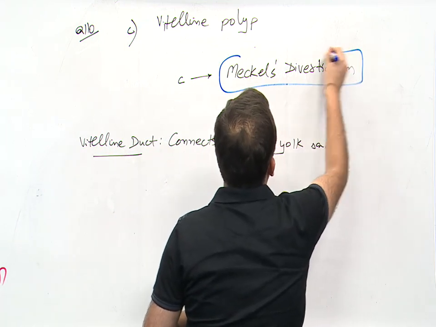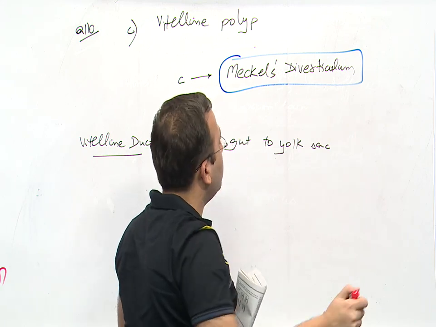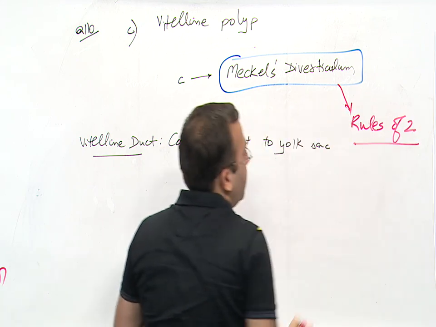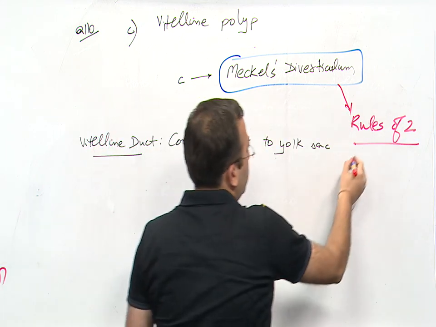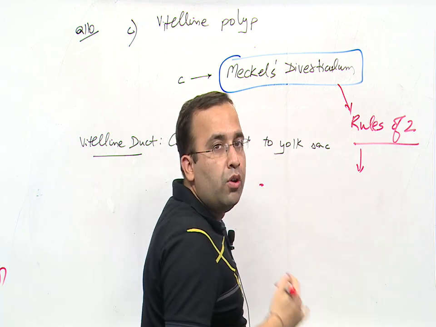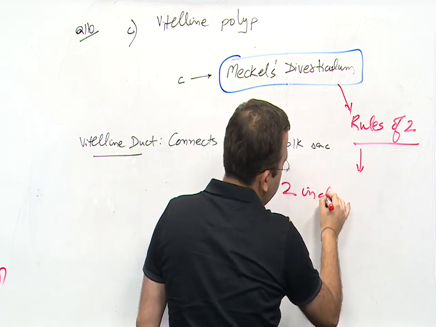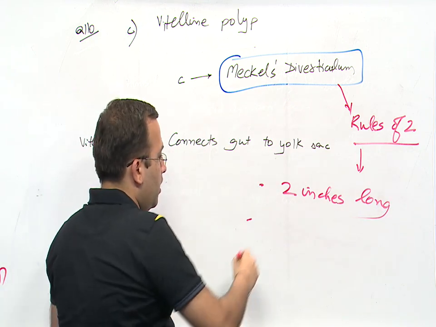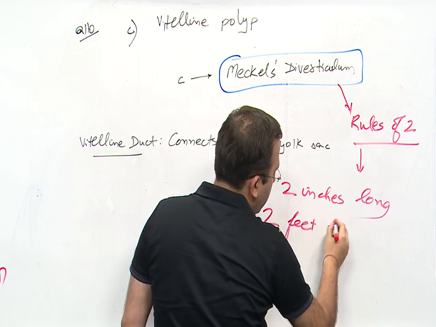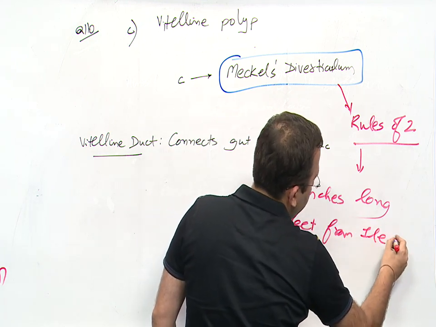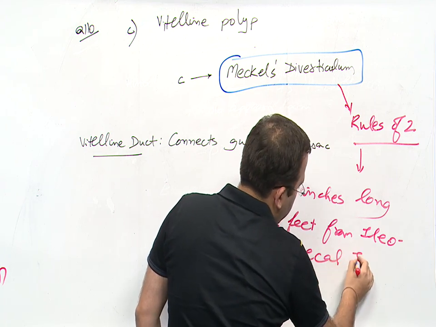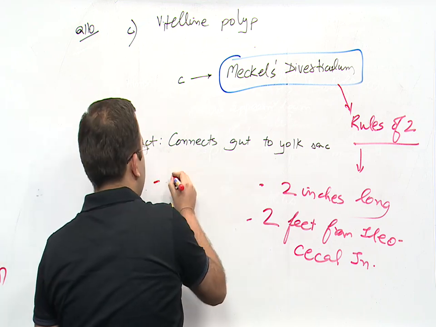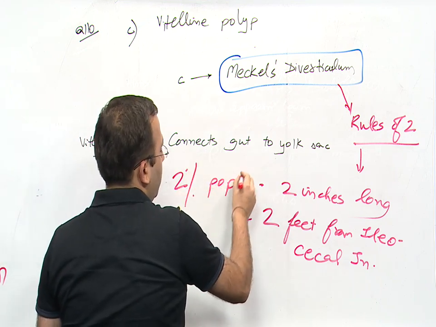And you very well know Meckel's diverticulum follows the rules of two. The main rules of two: it is 2 inches long. It is 2 feet from the ileocecal junction. It is seen in 2% of the population.